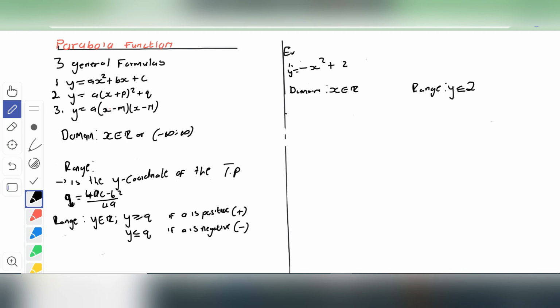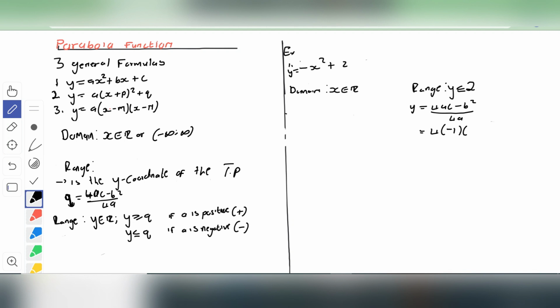Or if you're not sure about it, you can use this formula first: y is equal to 4ac minus b squared, all over 4a. What is a? Our a is -1, guys. What is b? We don't have b. Remember, b is the coefficient of x, and we only have ax squared plus c.